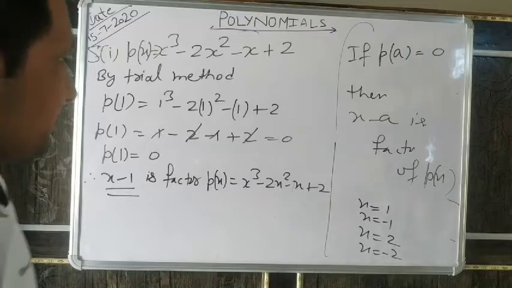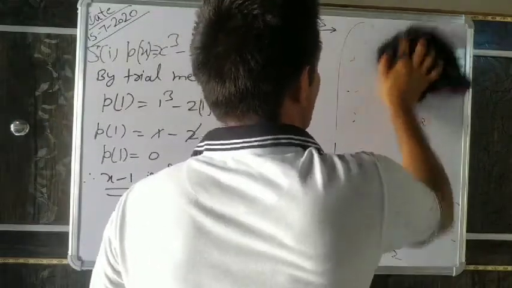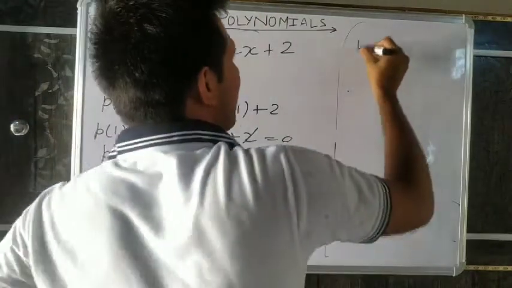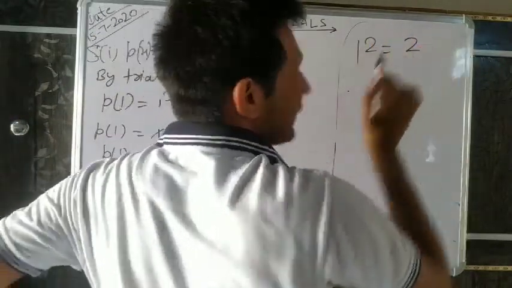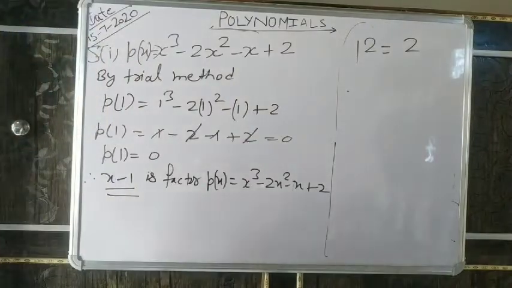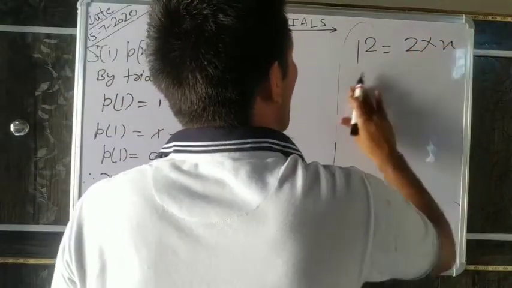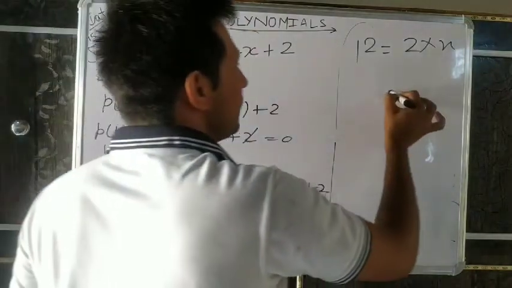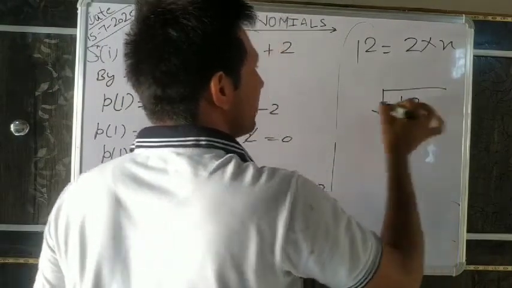Tell me, suppose I tell you to find the factors of 12, and one factor is 2. 2 into some number. So how will you find it? If we know one factor, the second factor we can find easily. How? 12 divided by 2.